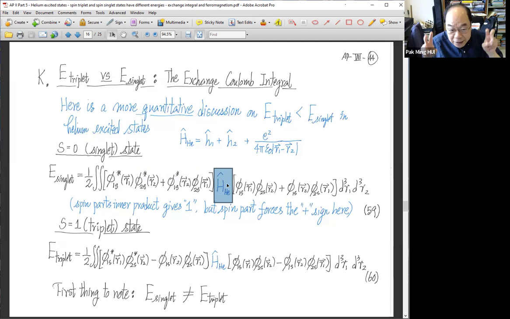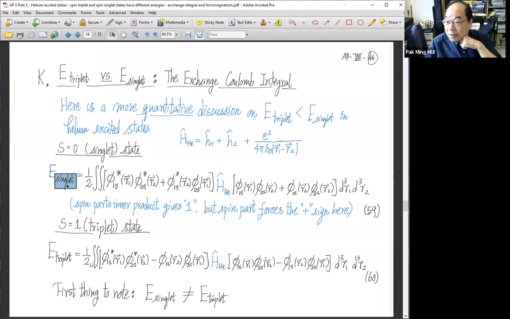Therefore, it looks as if the spin parts disappeared, but they disappear for some good mathematical and physical reason. So even if I turn the page like this, I cannot write it in 1 line. I hope that you already digest that the spin part disappears from the calculation. But they don't just disappear. They give 1, okay?